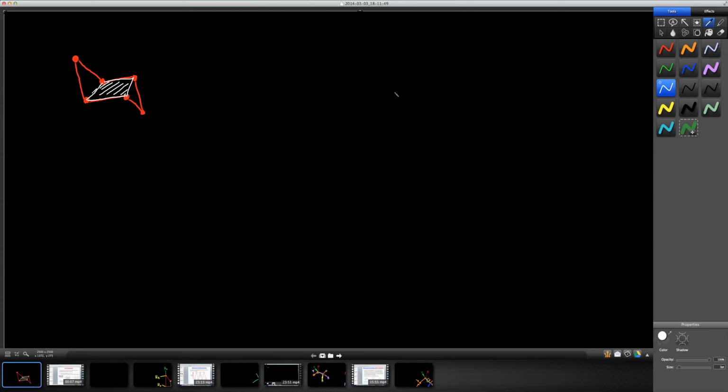So the axial groups will be 90 degrees to this imaginary plane. And so we'll either go straight up or straight down. Straight up, straight down, straight up, straight down, straight up, straight down.